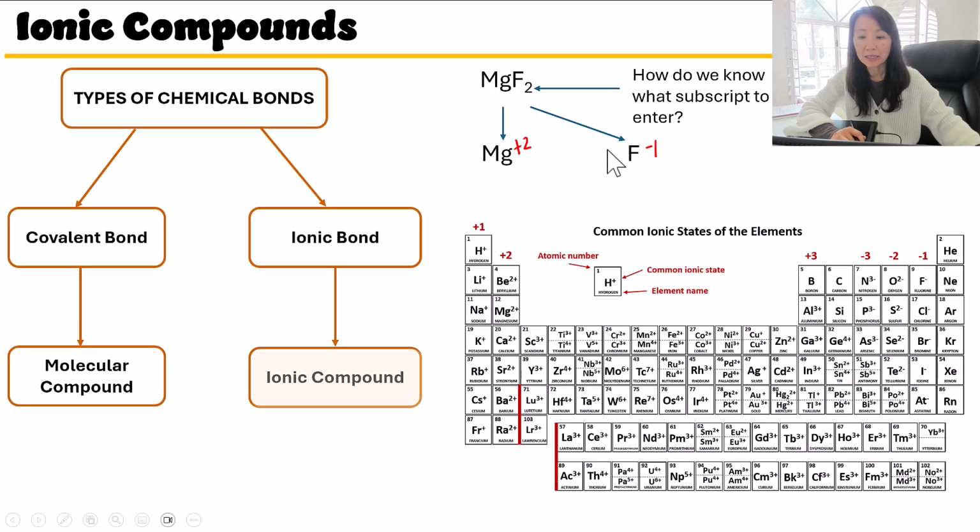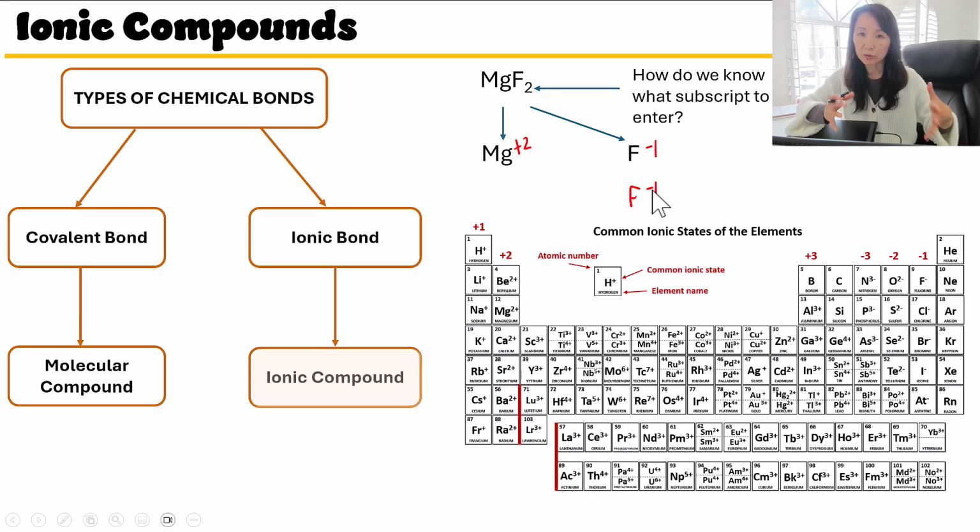Having this +2 and -1 gives you a clue what to write on the subscript. If I want to make this into a neutral compound, how many fluorines do I need to neutralize that +2? You need additional fluorine in order to overcome that +2.